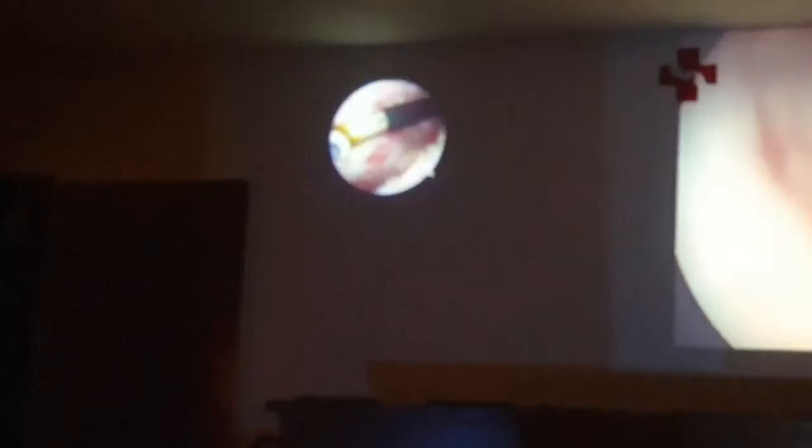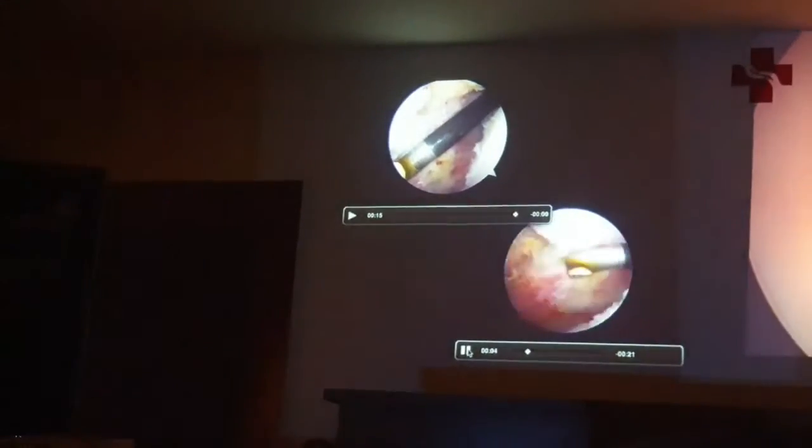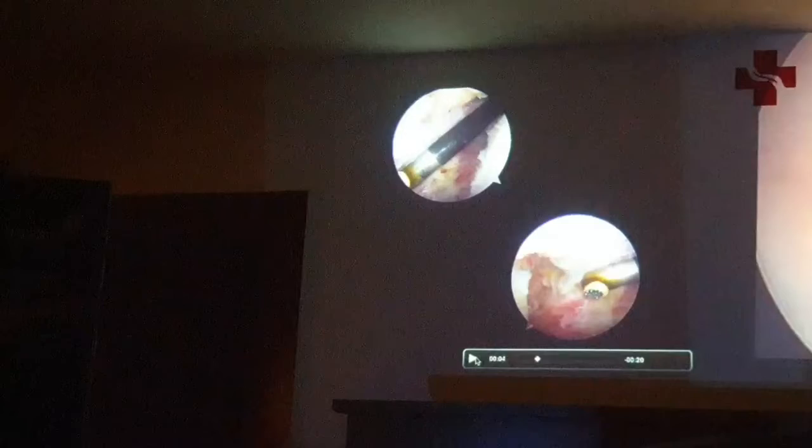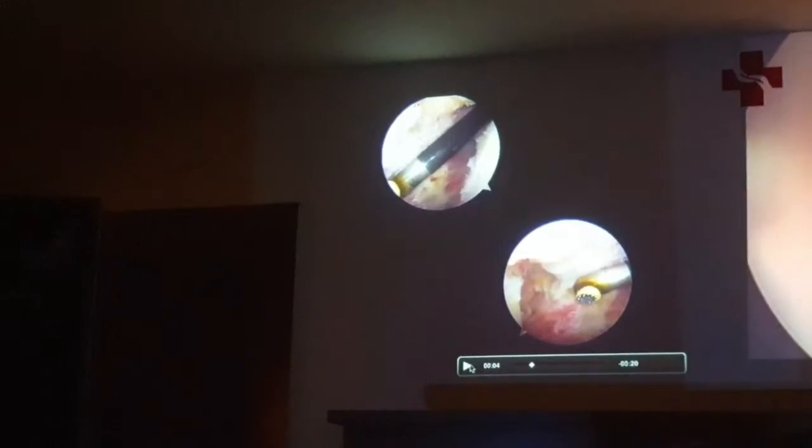So this was an arthroscopy picture. As you see, there was a complete full thickness supraspinatus and infraspinatus tear, as well as the subscap totally peeled off from the lesser tuberosity, as you can see anteriorly. The important tissue which you should maintain while doing a subscap repair is this tissue, which is connecting the anterior supraspinatus with the superior subscapularis.